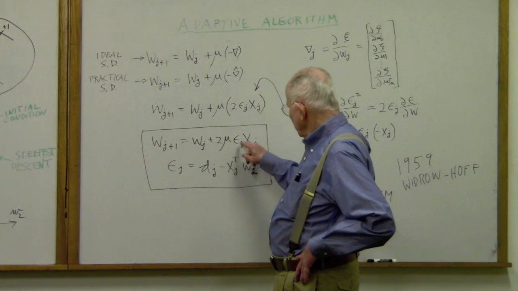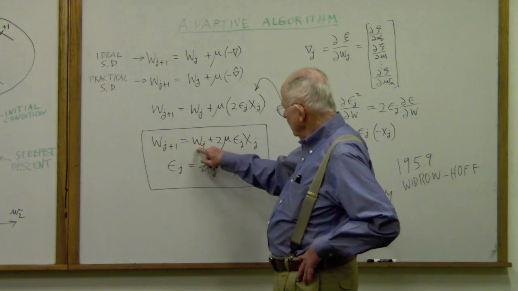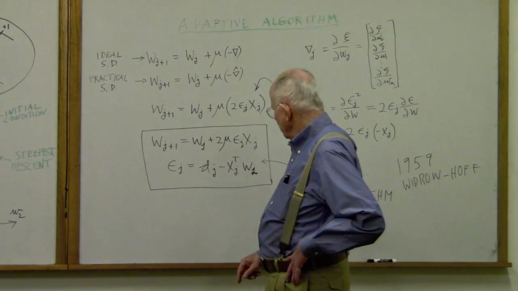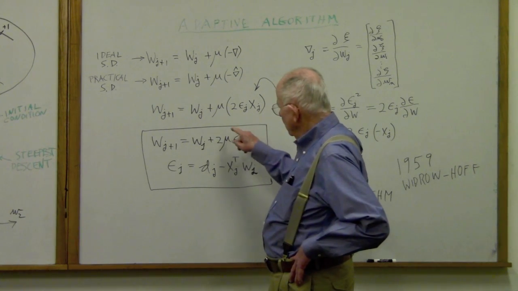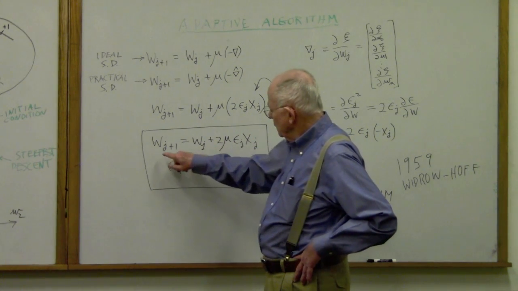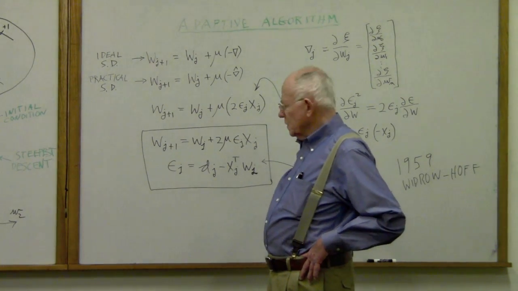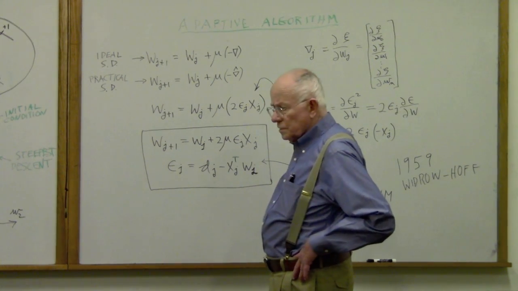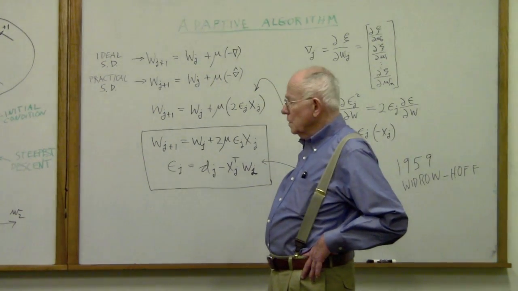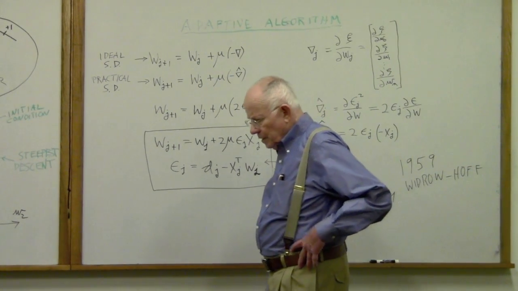When it's positive, you add the x vector to the w vector to get the next w vector. When the error is negative, you subtract the x vector from the w vector to get the next w vector. Now I'll demonstrate that with a simple machine, an implementation of the ADALINE neuron. Let's take a look.